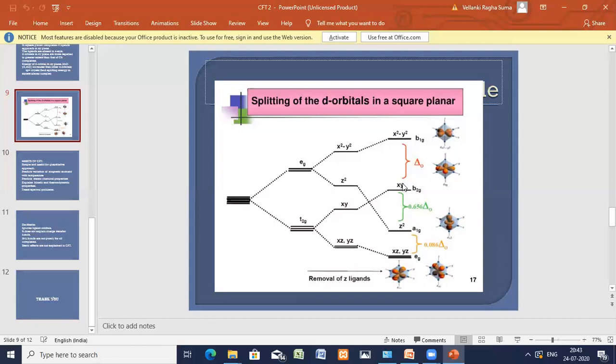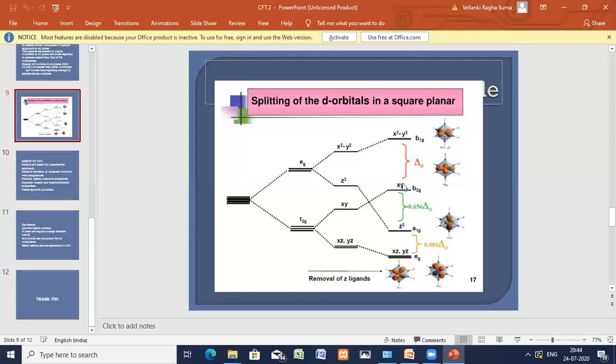That is called a spin paired complex. Generally, they are diamagnetic. So if the n-1 d orbital is used in the bond formation for the complex, then that is the inner orbital complex, low spin complex, spin paired complex, diamagnetic complex.